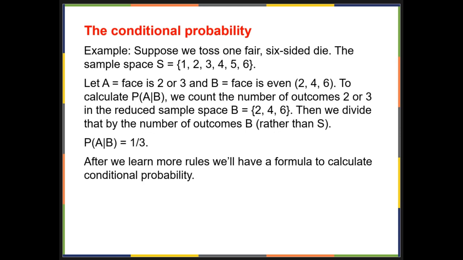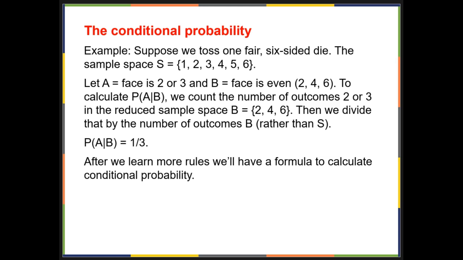Okay, suppose we toss a fair six-sided die. The sample space is 1, 2, 3, 4, 5, and 6. Let A equal the faces 2 or 3, and B equals the faces even, which would be 2, 4, and 6. So calculate the conditional probability.